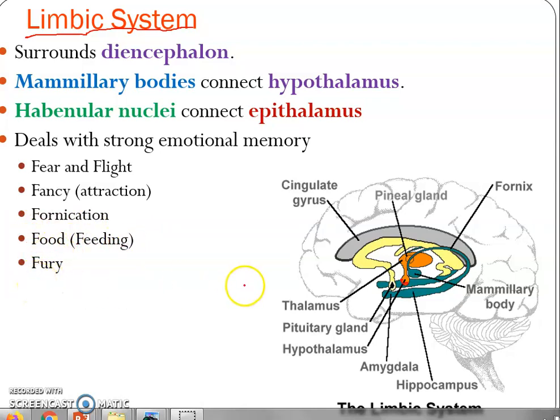So it deals with strong emotional memories. What made you really, really mad? What foods you really, really like? You go home for Thanksgiving dinner, you're like, oh, mommy's stuffing or turkey. Fancy, what you like. And fear, what you're afraid of. So strong emotional memories are taken care of in the limbic system.